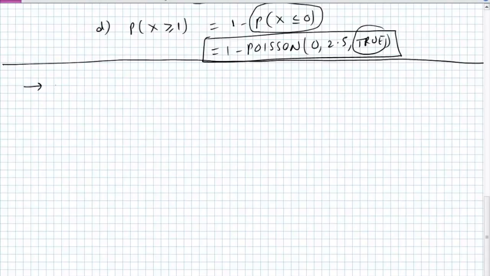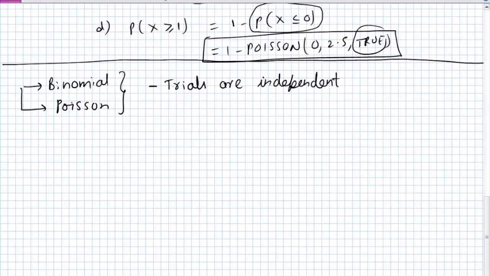So we have seen binomial, we have seen Poisson. There's something common about these two distributions. Trials are independent. For example in binomial, when you toss a coin and suppose you get head, the next time you toss a coin, it hardly matters what happened in the past. So if first time you get head and next time the question mark, the coin is not going to remember that first time I got head and next time maybe I should get tail.